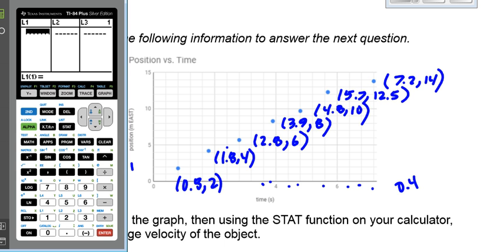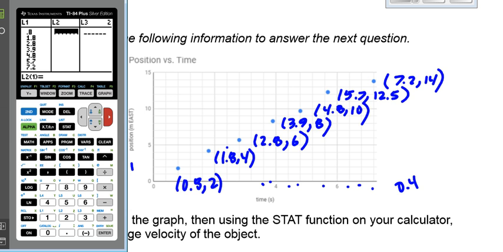Now it's going to give you a table. Now what I want to do is enter all my points here. These are my x coordinates: 0.8, 1.8, 2.8, 3.9, 4.8, 5.7, and 7.2. Again, all my x coordinates here. Now let's go up and fill in all my y's.